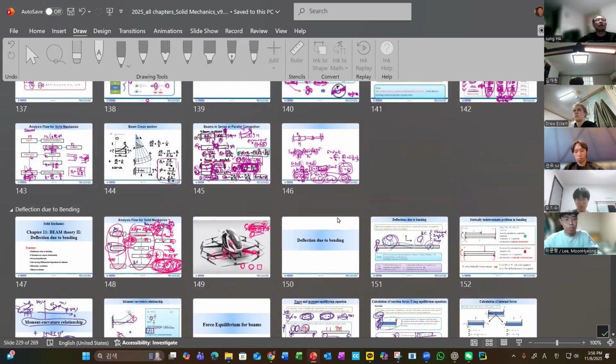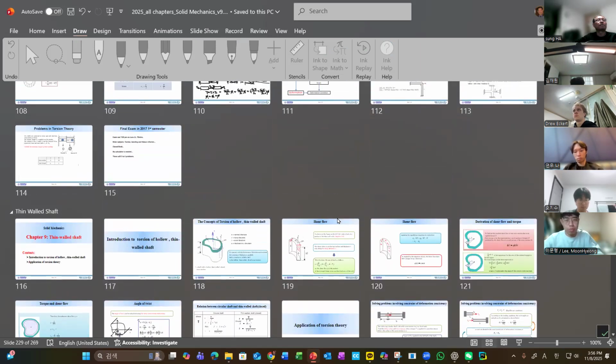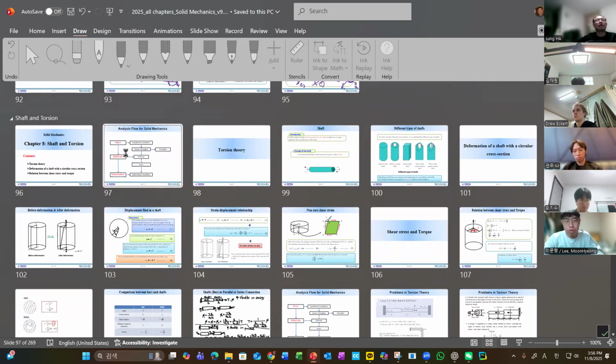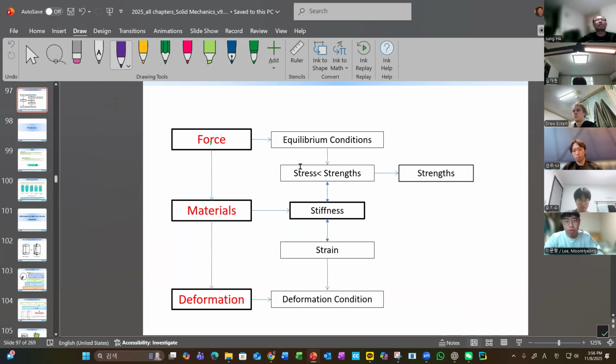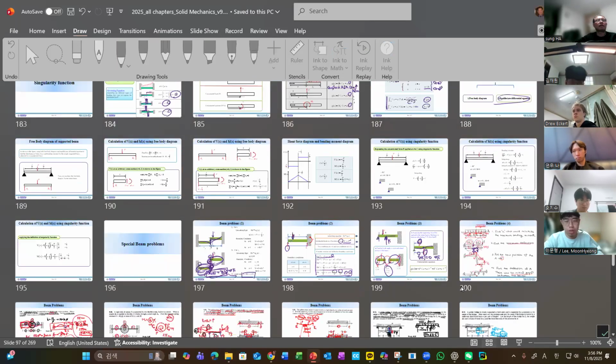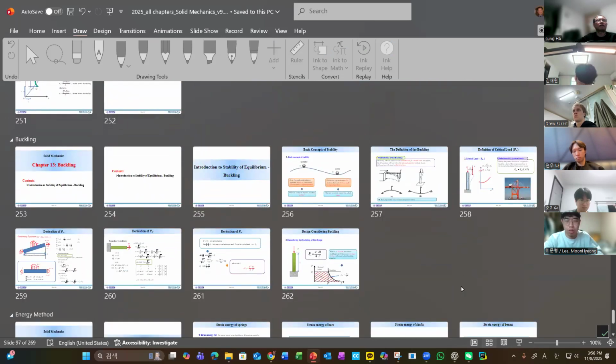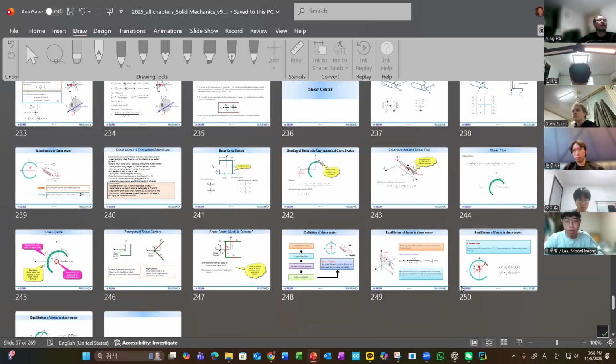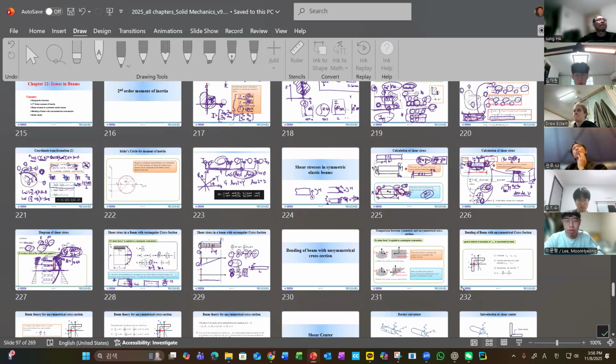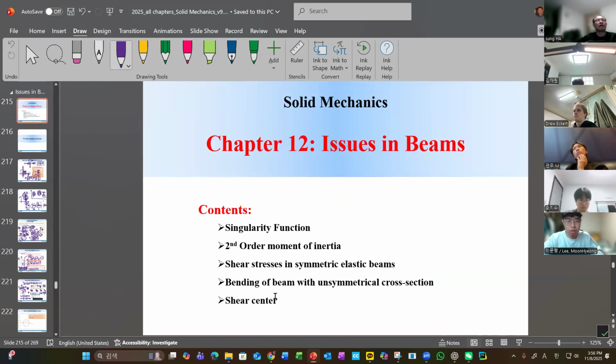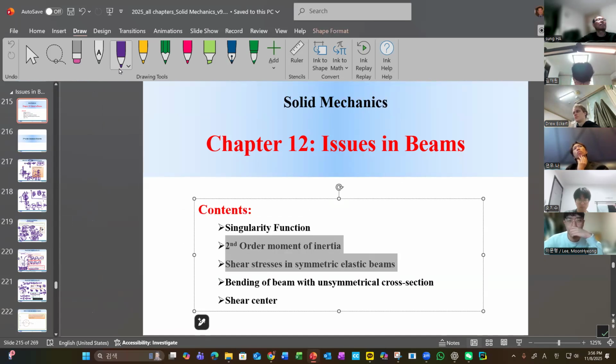Back to the 3+1 flow chart: we always need equilibrium, and the stress has to be less than the strength. We do know the strength of the material, and the stress has to be less than this. That's the one I'd like to separately emphasize in the beam theory. There are other topics, like bending of unsymmetric sections and shear center, but we're not going to cover that part.